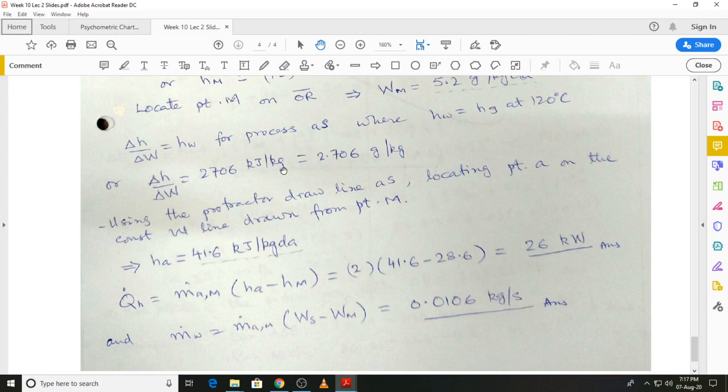And because we now need to move to the protractor on the psychrometric chart, we have to convert it into kilojoules per gram. We get the desired value of 2.706 kilojoules per gram. So this should be in kilojoules per gram. Let me just correct it over here.